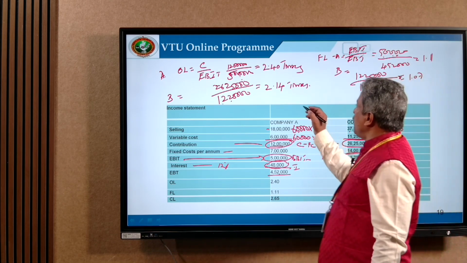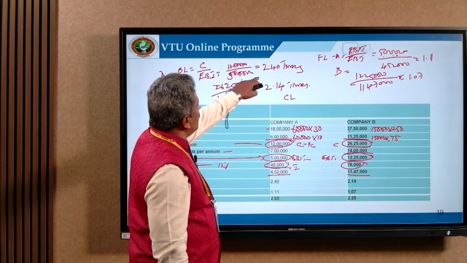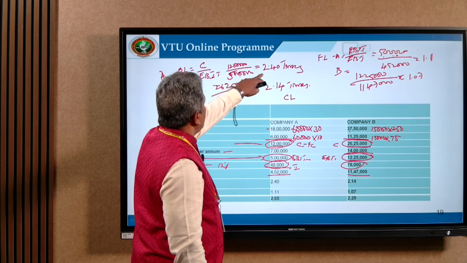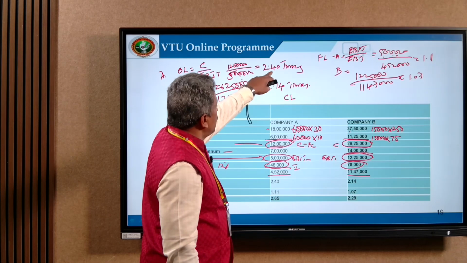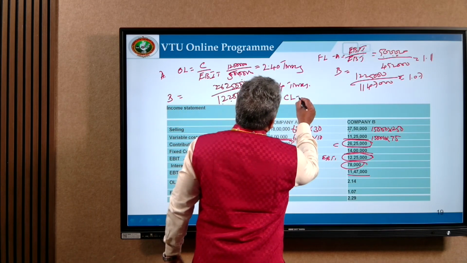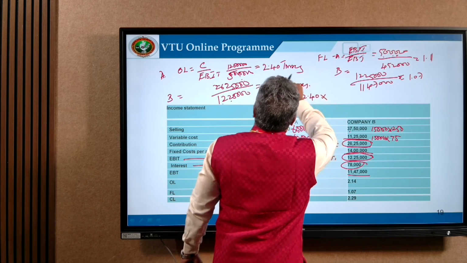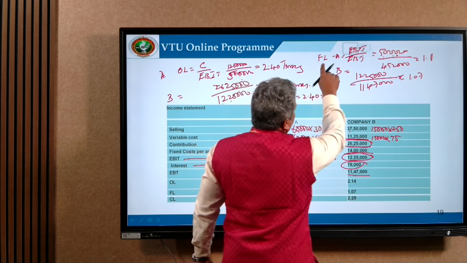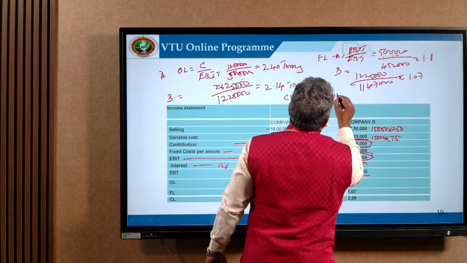Now, combined leverage is equal to, either we can take combined leverage of company A as 2.4, that is operating leverage of company A, into financial leverage of company A, 1.11.